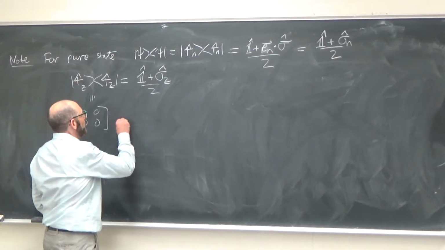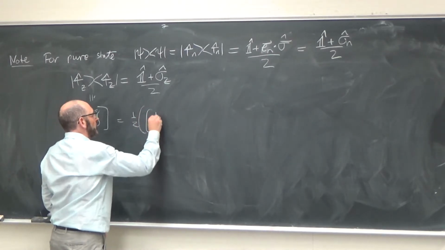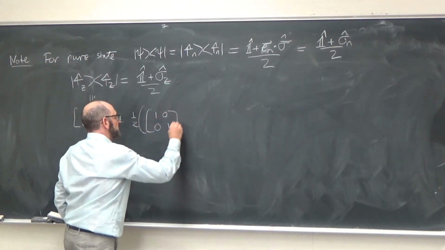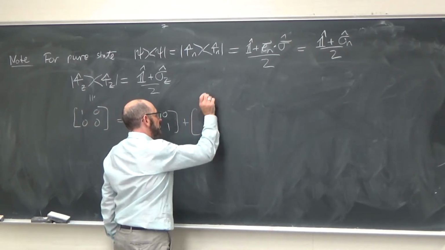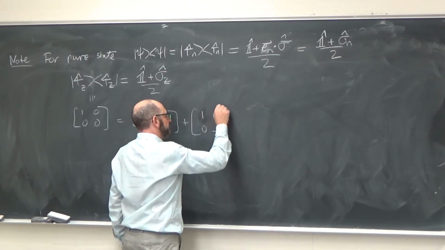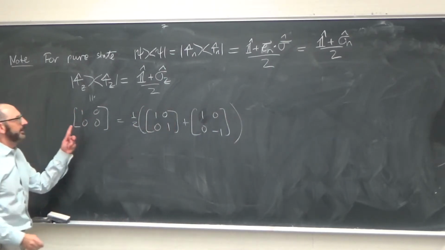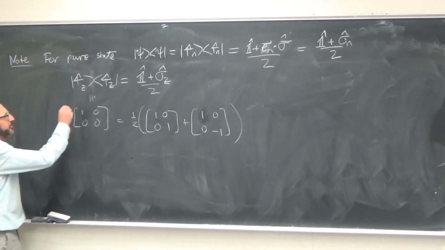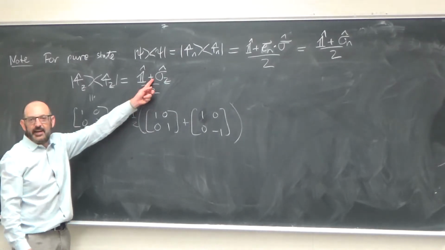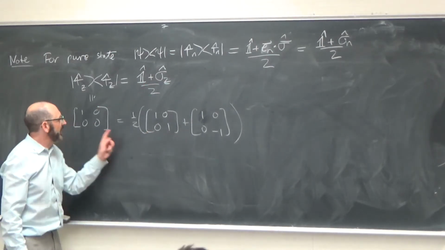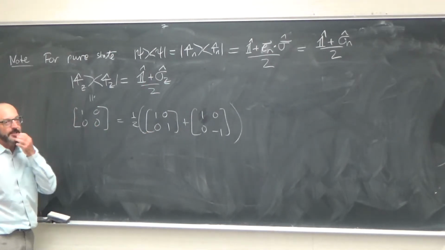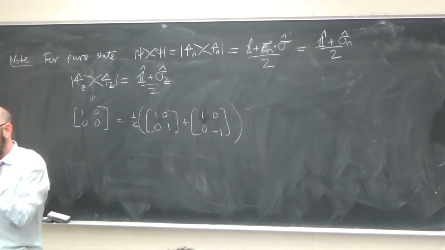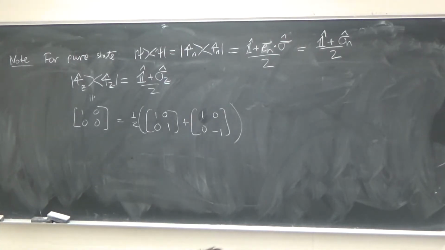And this is equal to a half, 1, 1, plus 1, minus 1. Add them together, you get that. If I had spin down along z, I'd put a minus there. And then I would get this, the projection. So that's a useful trickaroonie.